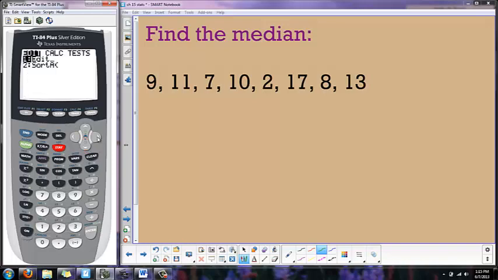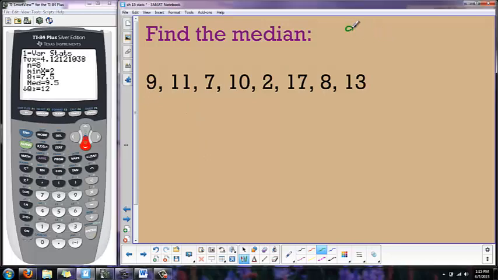Okay, I'm going to go to Stat again, this time Calculate, one variable stats. I'm going to calculate it in list 1, and then my median this time is 9.5.